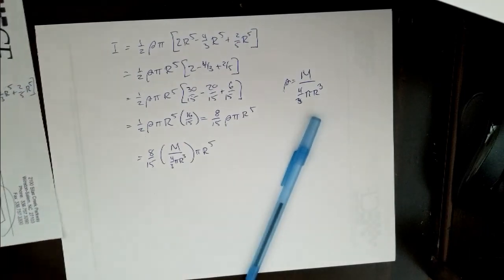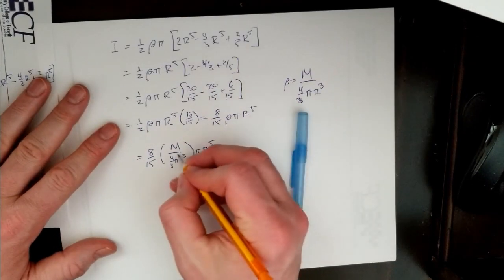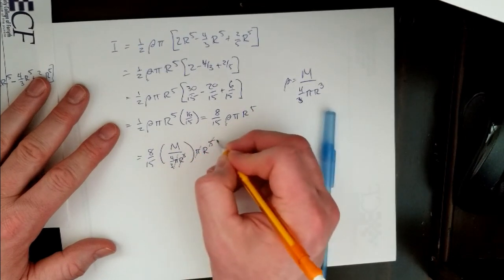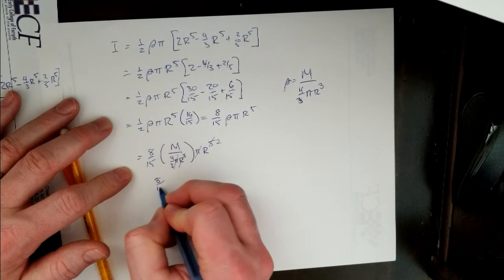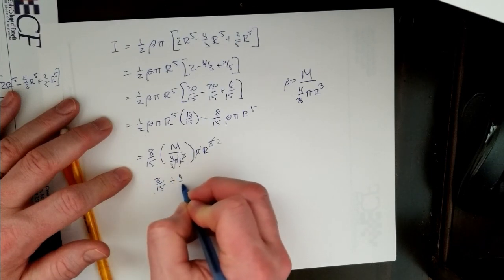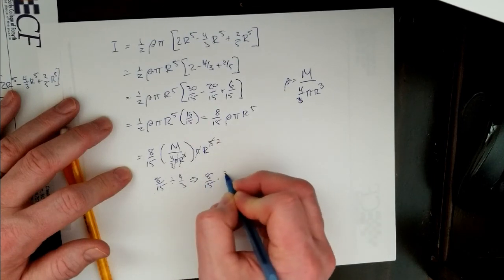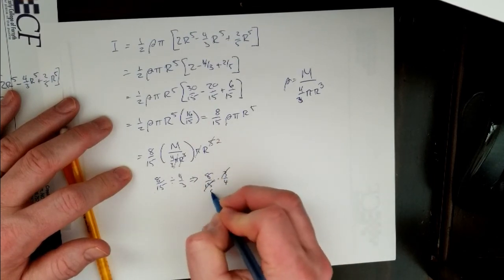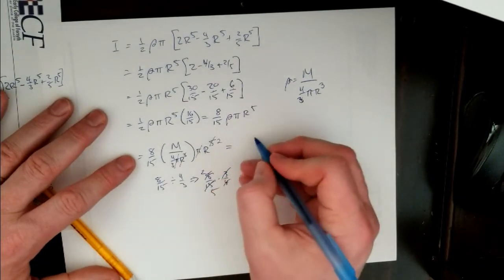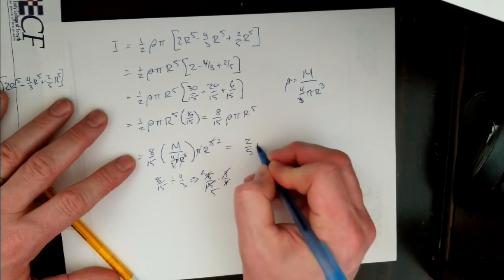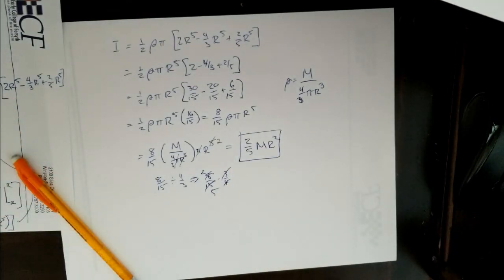Now we get to do some canceling. Pi cancels out, 3 of the R's cancel out. Now I have 8/15 divided by 4/3, which is 8/15 times 3/4. That goes in 5 times, that goes in 2. And so what I'm left with here is 2/5 M R squared. And that is the moment of inertia formula for a solid sphere.